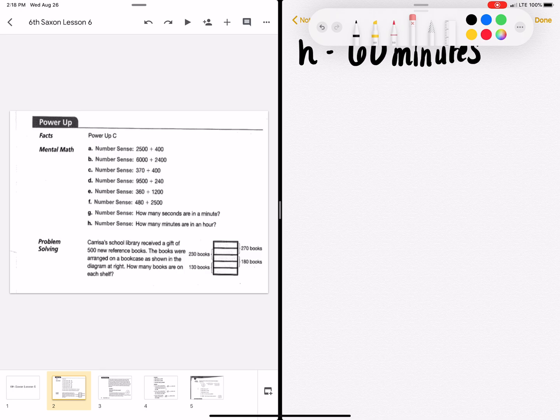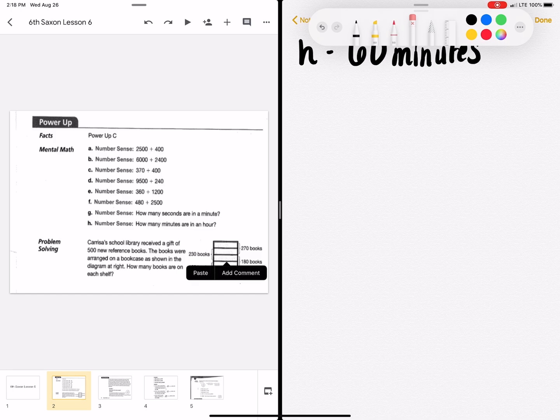Carissa's school library received a gift of 500 new reference books. The books were arranged in a bookcase shown. How many books are on each shelf? Let's see.